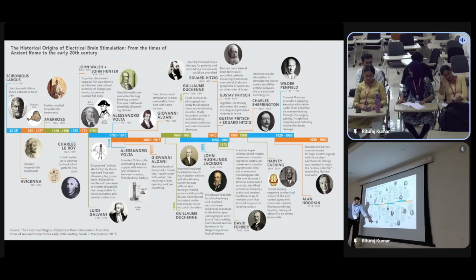Yeah, Luigi Galvani's animal electricity. When he put the current on the frog's spinal cord, he was able to stimulate the frog's leg. So Luigi Galvani coined the term animal electricity, right? So he said there is an animal electricity.